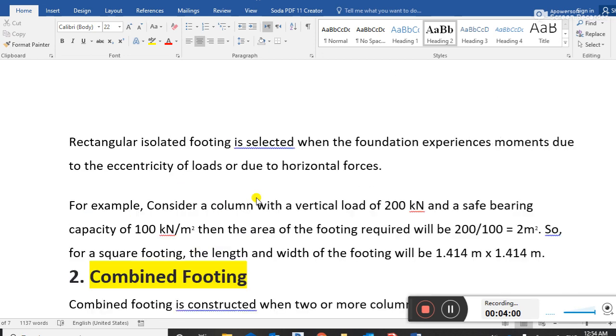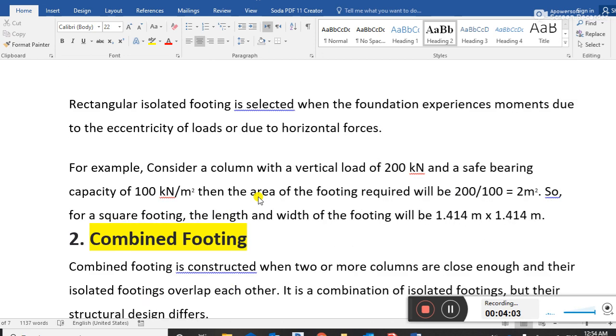Guys, coming to another portion, rectangular isolated footing is selected when the foundation experiences moments due to the eccentricity of the load or due to horizontal forces. For example, consider a column with a vertical load of 200 kilonewton and a safe bearing capacity of 100 kilonewton per meter square.